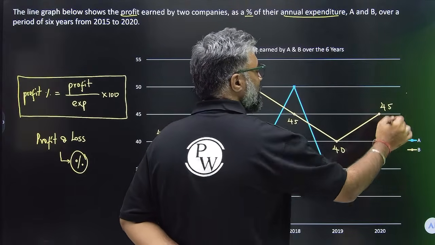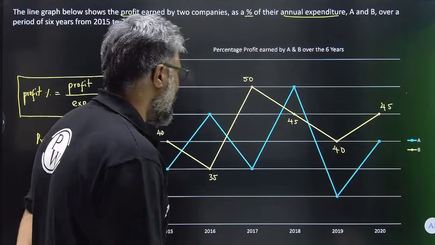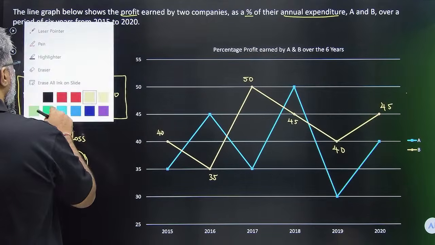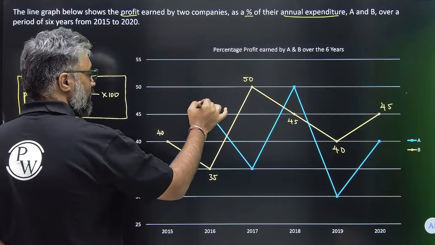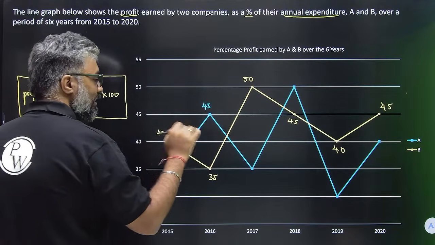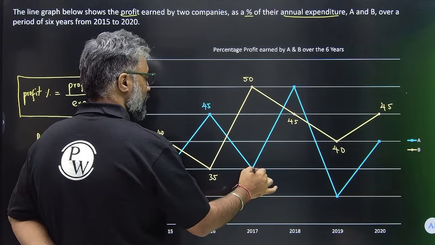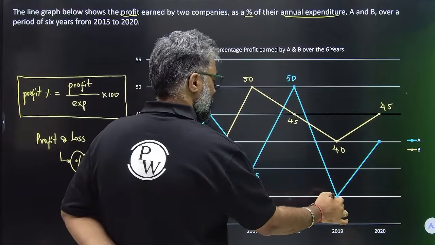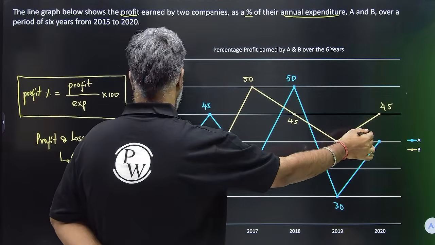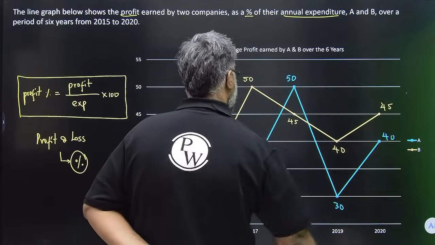These are all the percentage profits that company B had. And company A in 2015 had a 35% profit, then 45%, then 35%, then 50%, then 30%, then 40%.